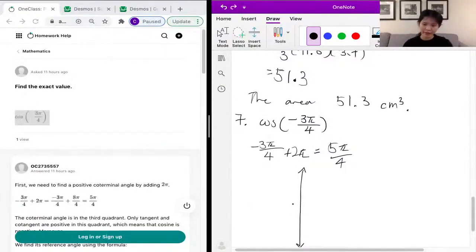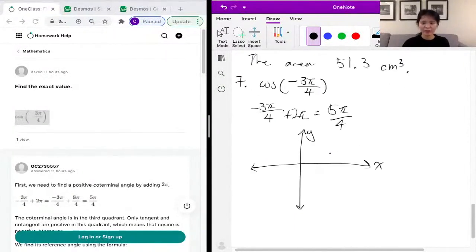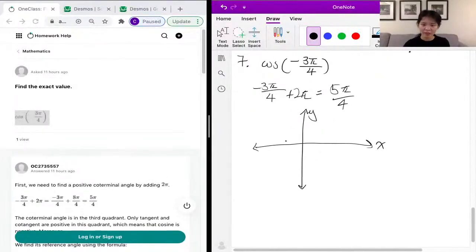And let's plot 5 pi over 4 on our unit circle. We know that 5 pi over 4 is larger than pi, because the numerator of this fraction is larger than the denominator, so the fraction is more than 1. But it's not as large as 1.5 pi, so it's not as large as 3 pi over 2.